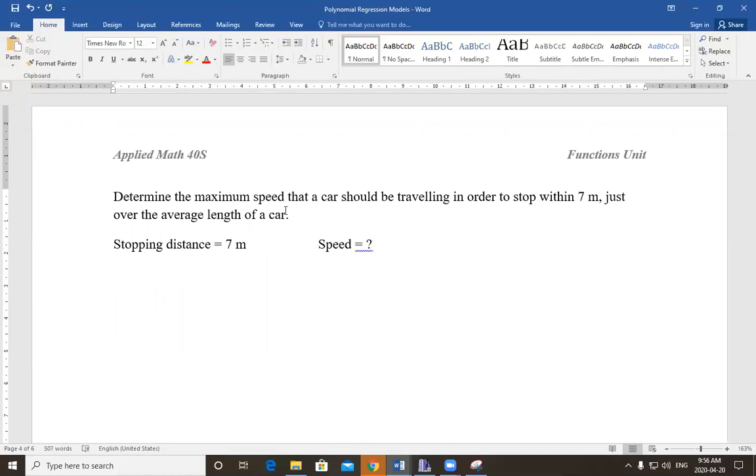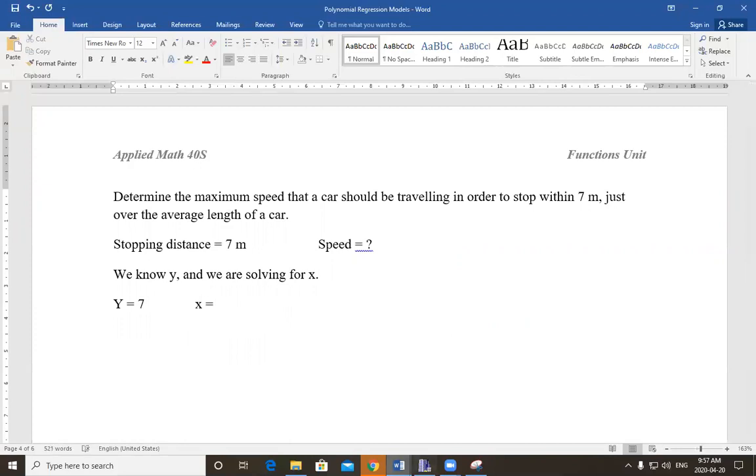So x, sorry, it's backwards. We know y and we are solving for x. So this is different, just opposite of what we did in the previous question. We are going to say that y equals 7 and we're going to find out the x value.